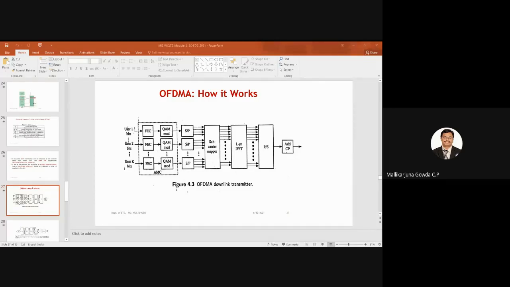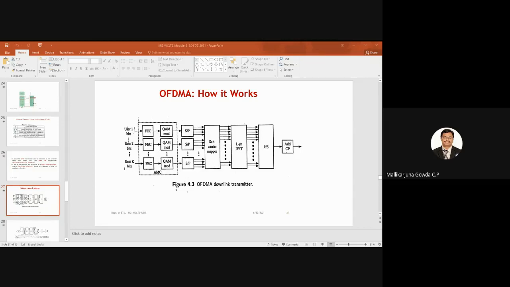The input to the IFFT will be in the frequency domain, right? So when we take the IFFT, the output will be in the time domain. That parallel data is given to the parallel to serial converter. Then we add the cyclic prefix, and then it is transmitted over the air.